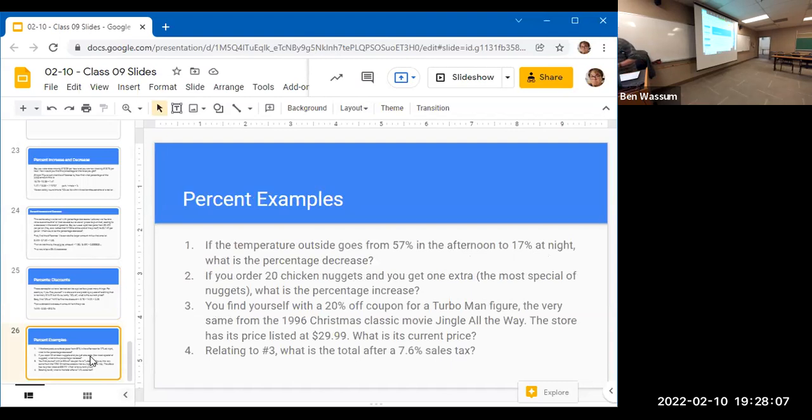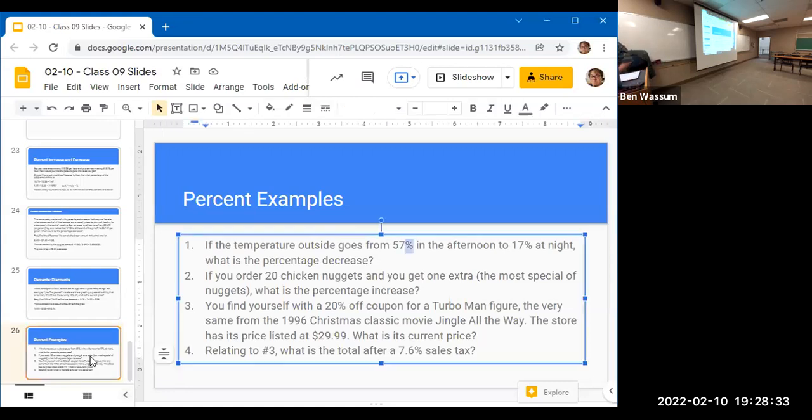Okay, so we have a bunch of random percentage examples. Our first one, the temperature outside is going from 57 degrees in the afternoon to 17 degrees at night. We want to know the decrease. I like that I put percentage.